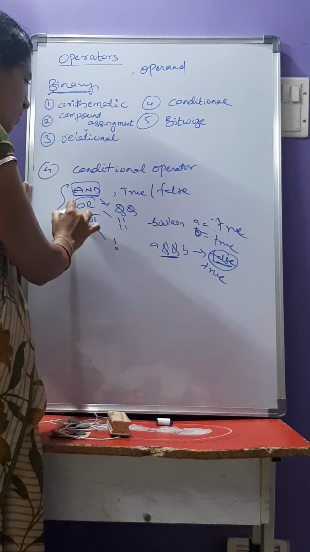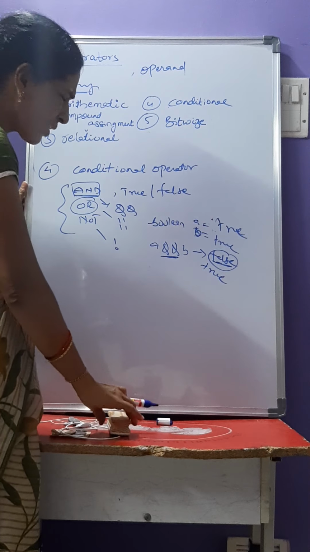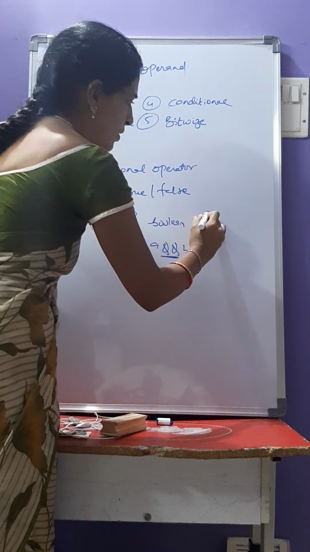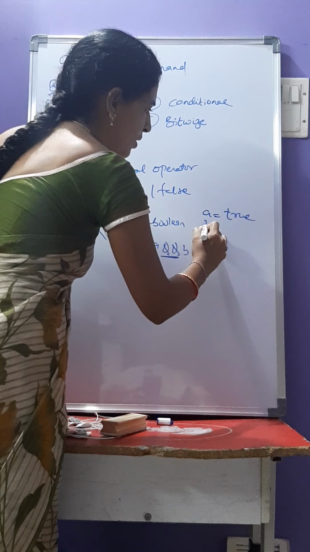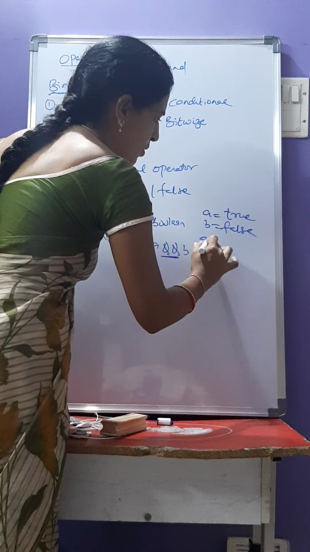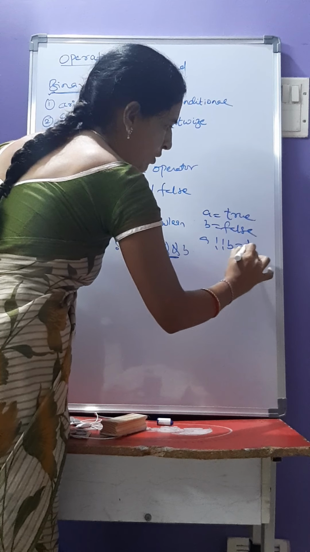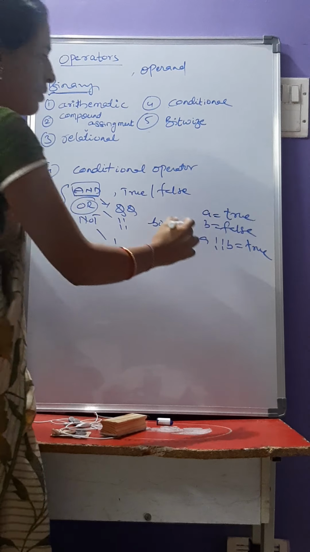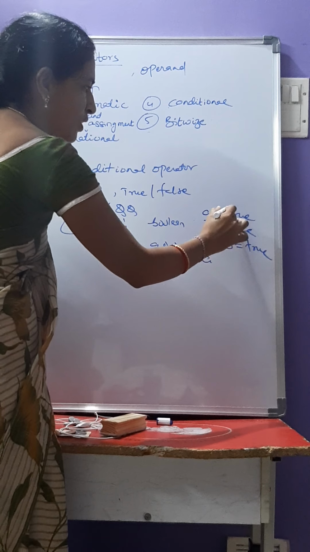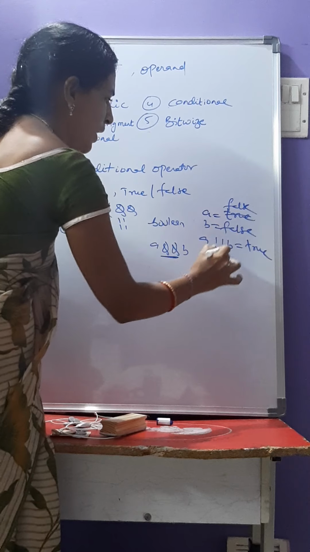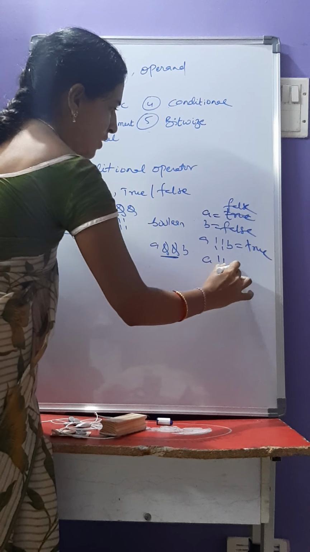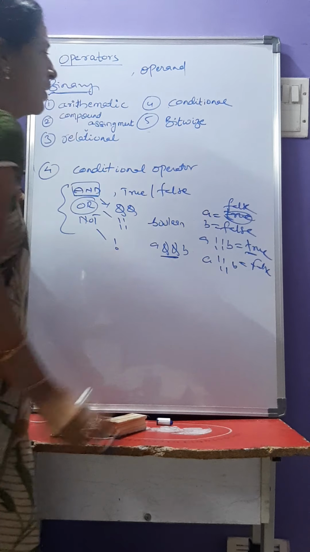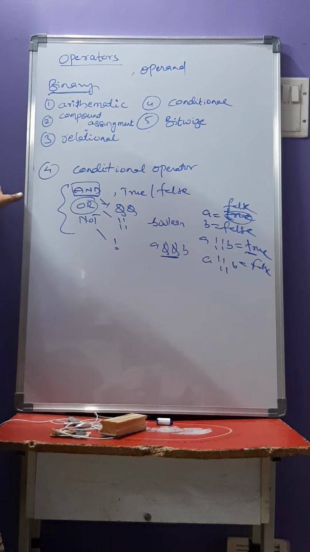In the AND case, only if both the operand values are true is the result true, otherwise it gives false. Coming to the OR, if any one of the operand values is true, the OR operator gives true. That is A equal to true and B equal to false, so A or B is true. Only if both are false is the result false.